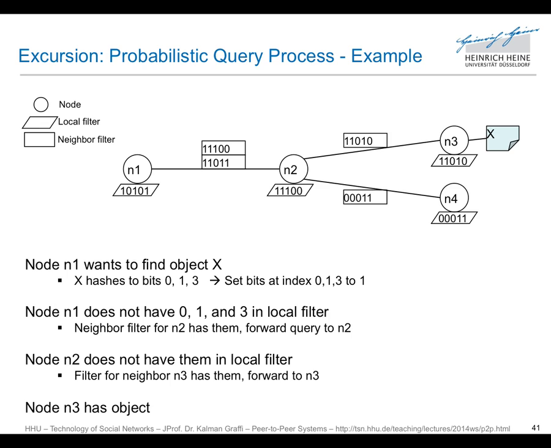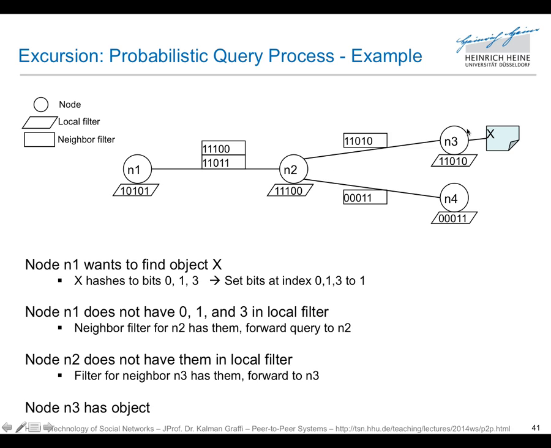So this is an example of how it looks. These fields below the nodes are the Bloom filters of level 0. So this is the data that they have. Let's say N3 has the object X, and this is the Bloom filter it has, and N4 has this Bloom filter, and N2 has this Bloom filter.